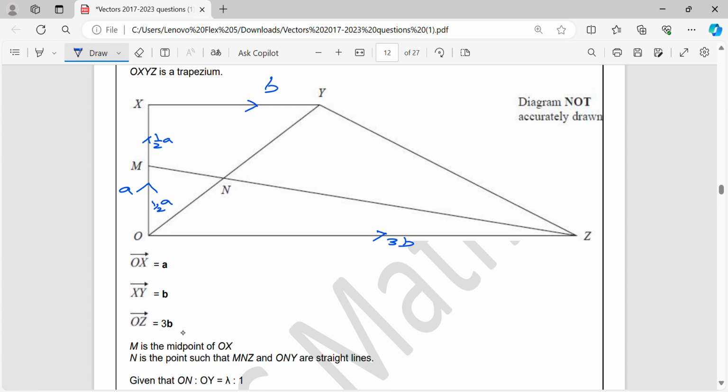Okay, so these are straight lines, which means that they're parallel lines. Given that ON to OY is lambda to 1, so the full length is 1, and ON has a ratio lambda.